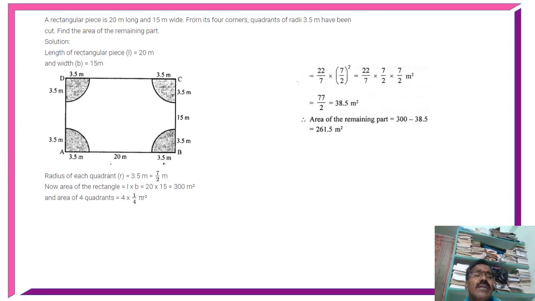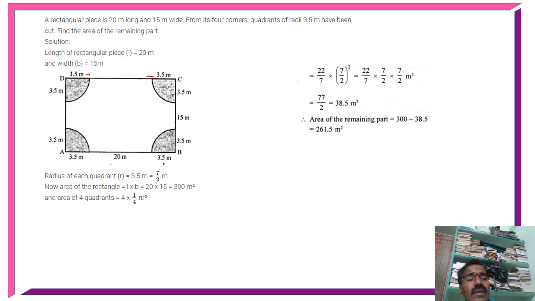It is given a rectangular plot is 20 meters long and breadth is 15 meters. Form 4 corner quadrants. Quadrant means 1 by 4 pi r square, keep that in mind. The radius is 3.5, meaning at each corner here, 3.5.